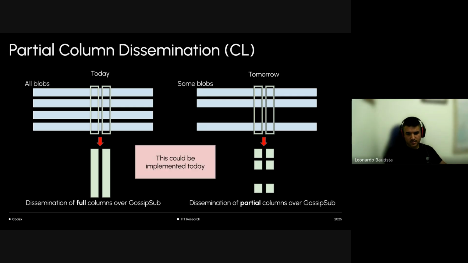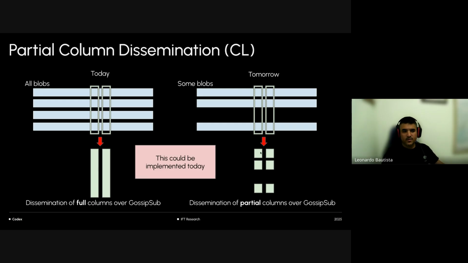And this could, again, be implemented today. This is something that I don't think is particularly complex. We already have full column dissemination over gossipsub. I don't think it's really difficult to go from full column dissemination to cell level dissemination.